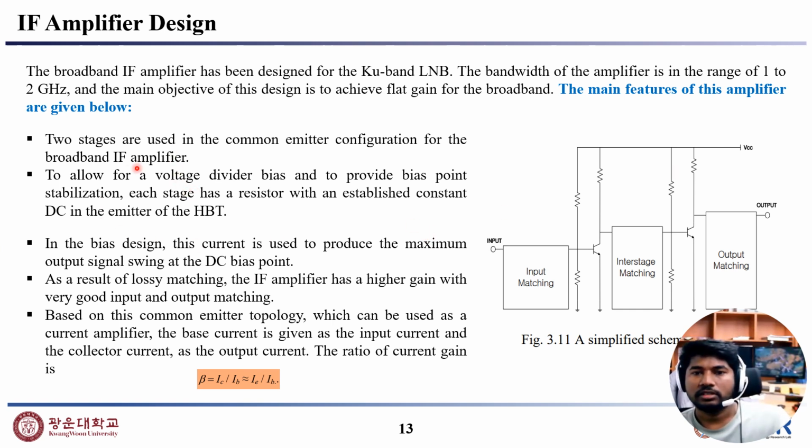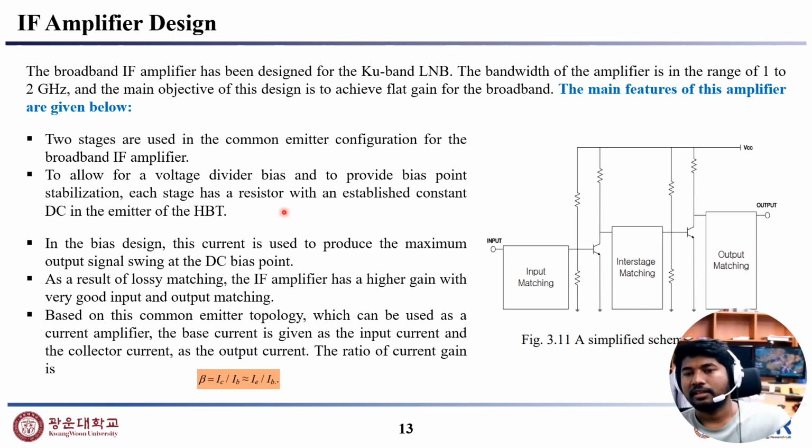So two stages are used in the common emitter configuration for the broadband amplifier. Here you can see a voltage divider bias to provide bias point stabilization.